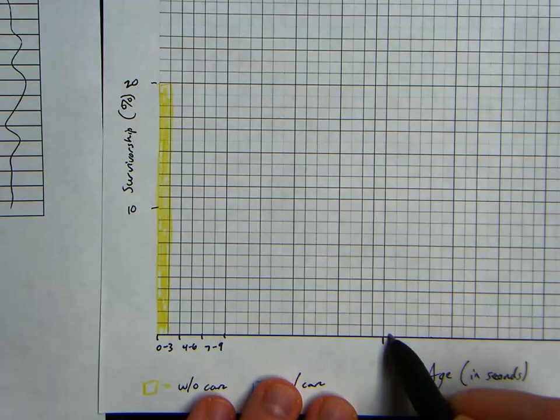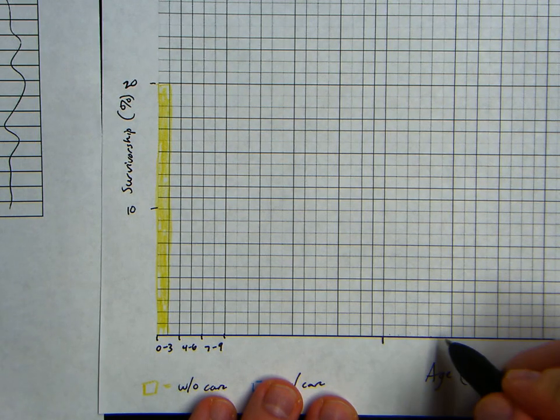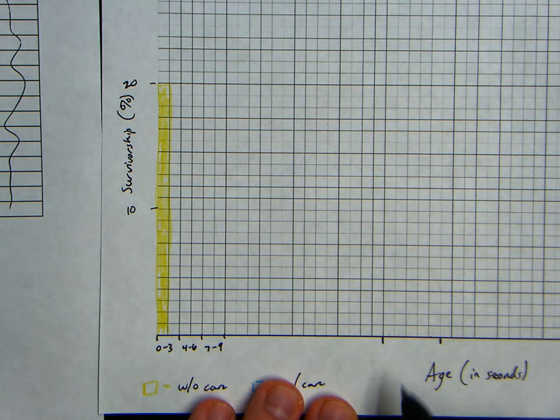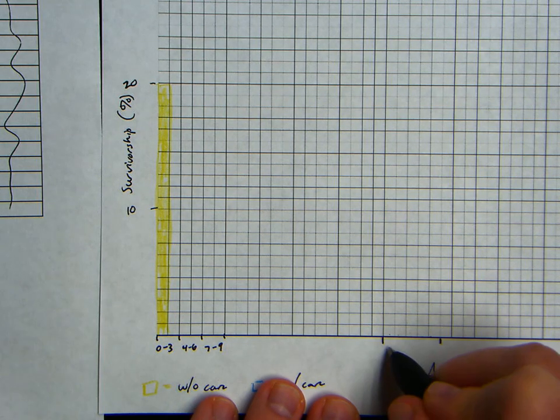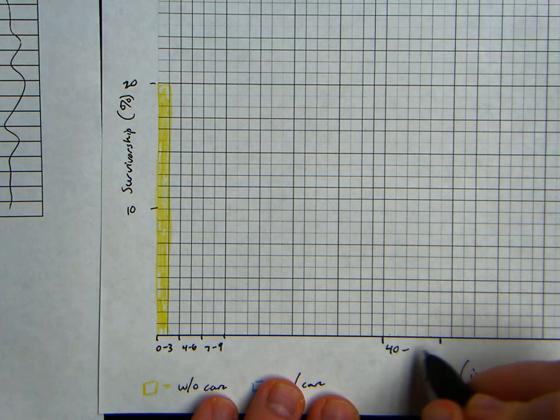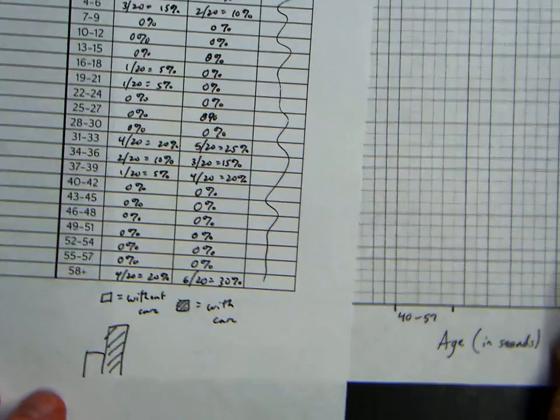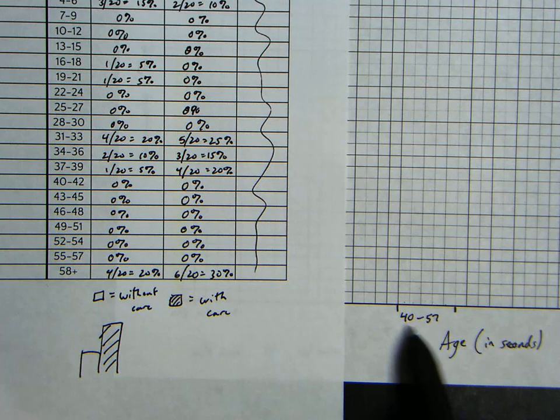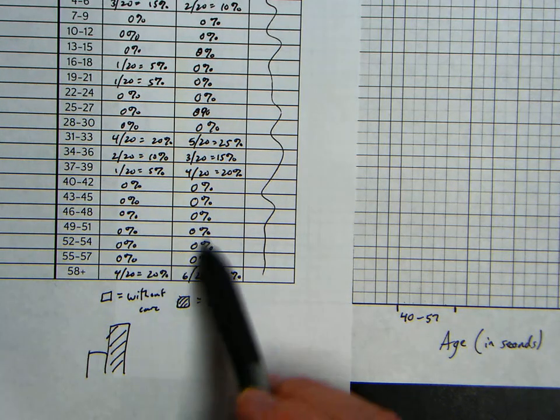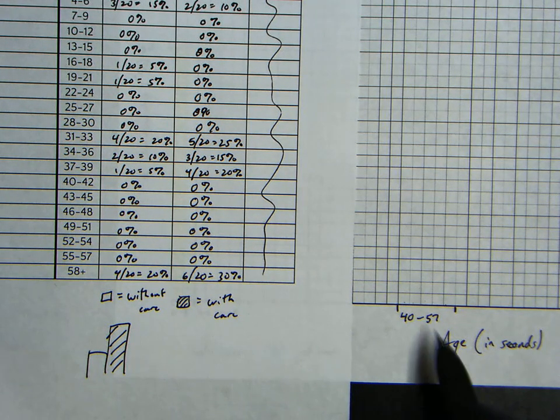I'm going to move it over. Sorry. 1, 2, 3, 4, 5. And then instead of it being like 40 to 42, 43 to 45, and so on, I'm going to write 40 to 57. Hopefully that makes sense on why I did that, because in this block, I don't have any data for that section of age.